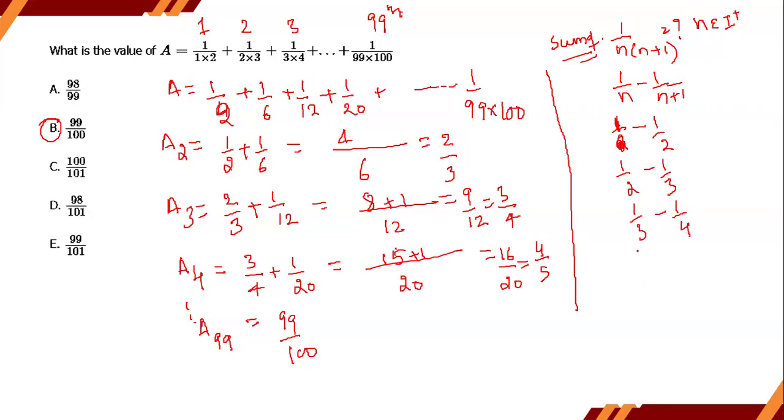And if it is the 99th term, it is going to be 1/99 minus 1/100, right? So we can see that all these terms in between get cancelled. So this will also get cancelled with the previous 98th term, right? So now what are we left with? We are left with 1 minus 1/100, which is equal to 99/100, right?